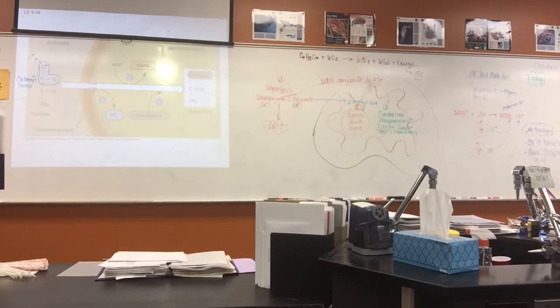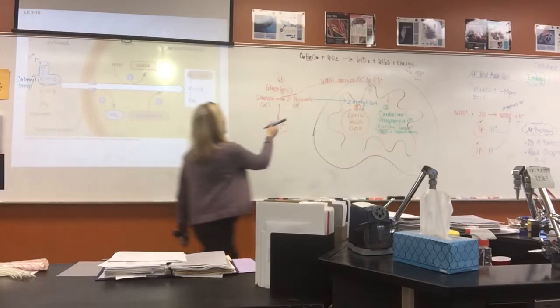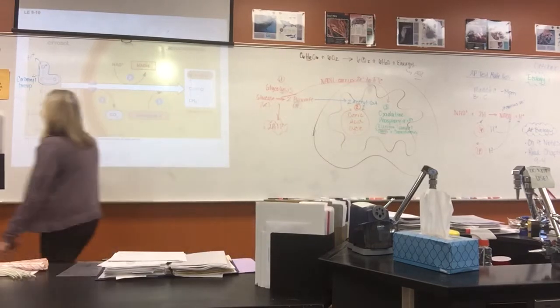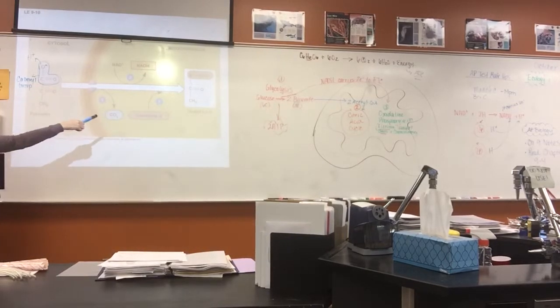Sometimes when we talk about the end of glycolysis, instead of glucose being broken down into 2 pyruvates, you'll see it written as pyruvic acid. It's the same molecule, it's just whether or not it's already acted as an acid.